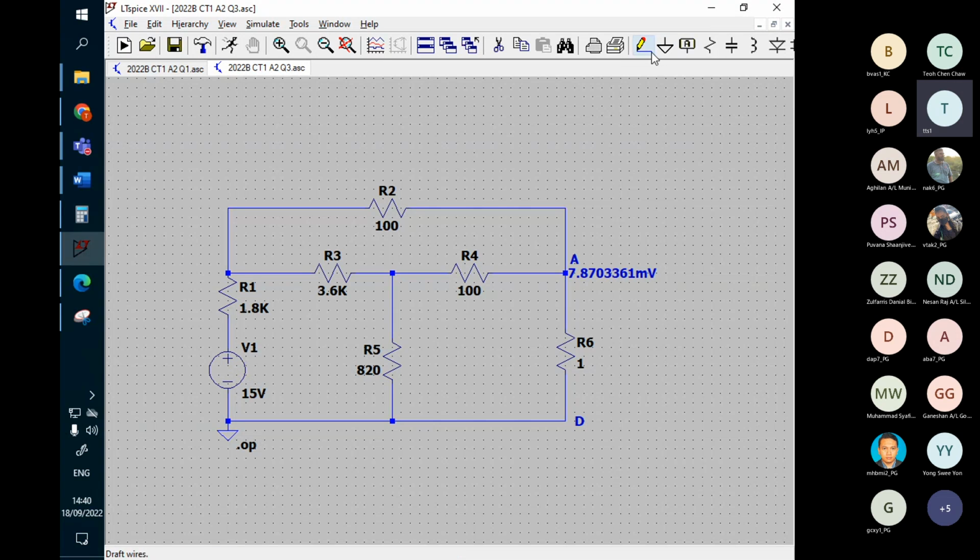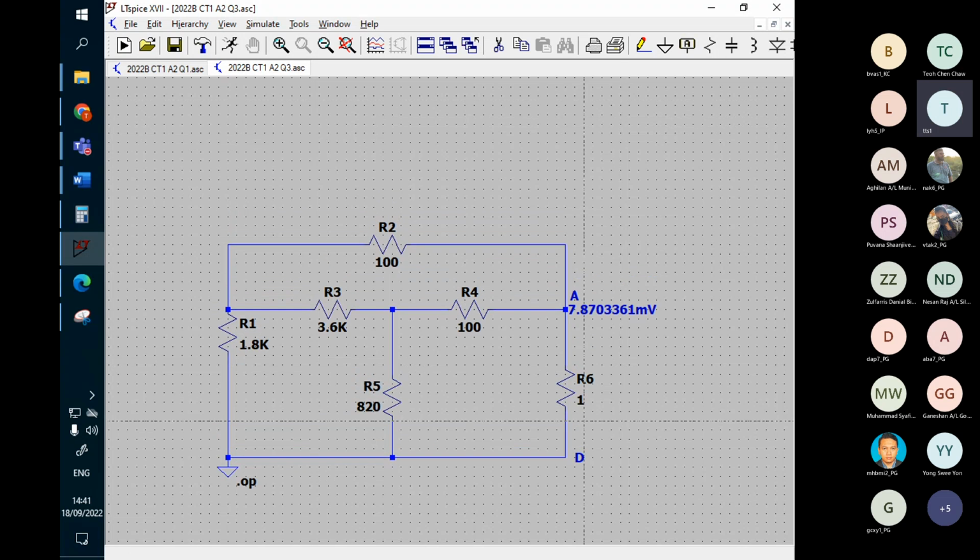Remove this one because we want to find resistance, right? So we need to remove all the power supply or the current source. If there's current source here, we need to remove it. So let's remove this power source, leaving all resistance only. But we cannot let it open. It's an incomplete circuit, an open circuit, so we need to connect a wire. And then it looks like we need to remove this one also.